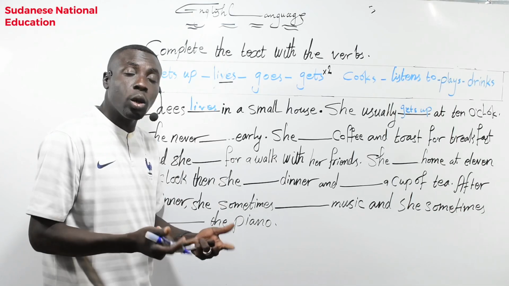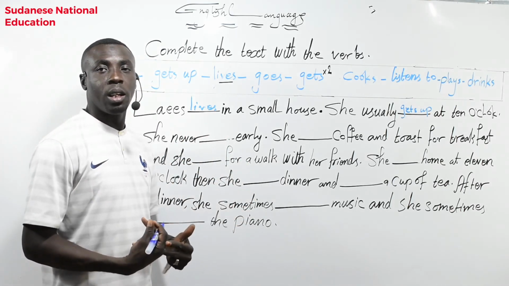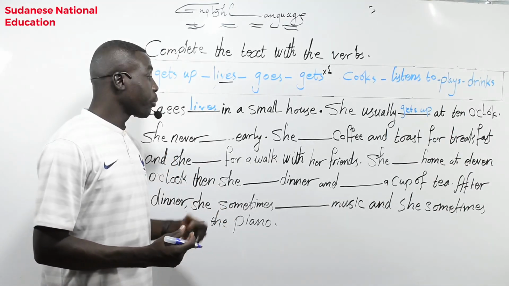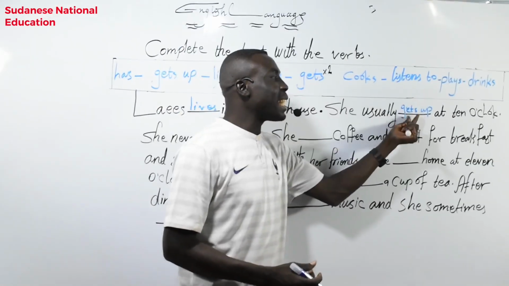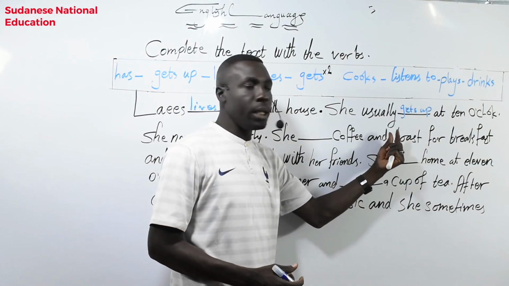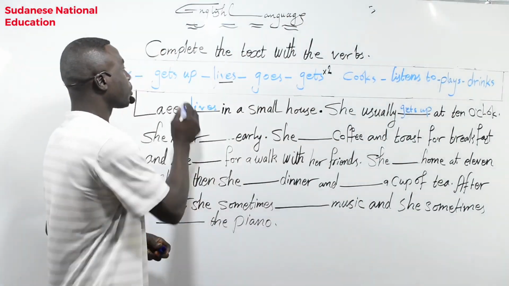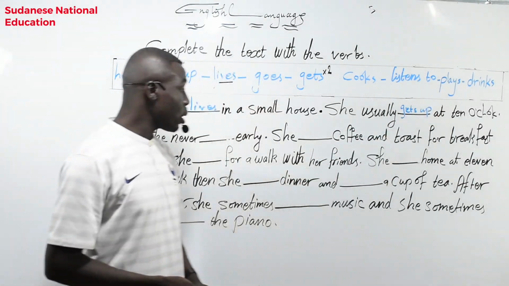We are speaking about Lemise as a third person singular. That's why the verb comes with s. She usually gets up at 10 o'clock.